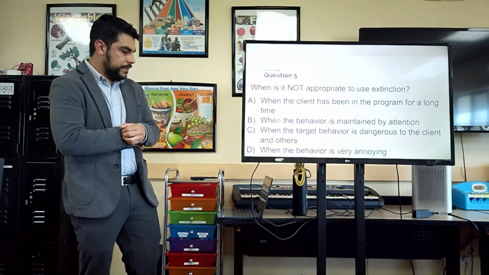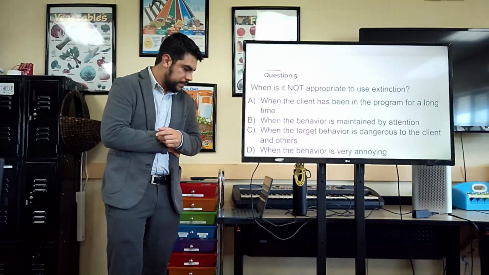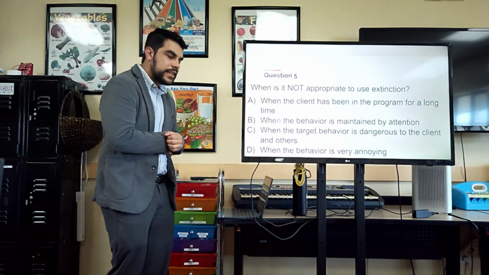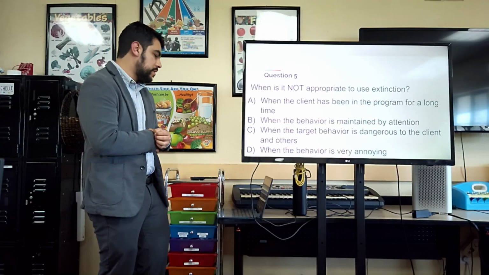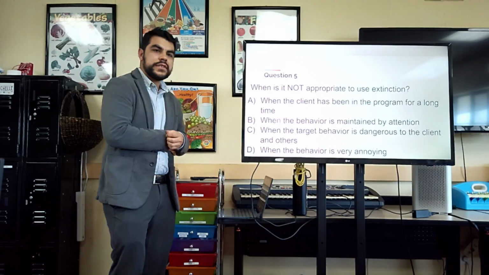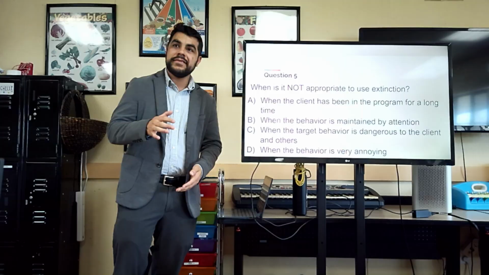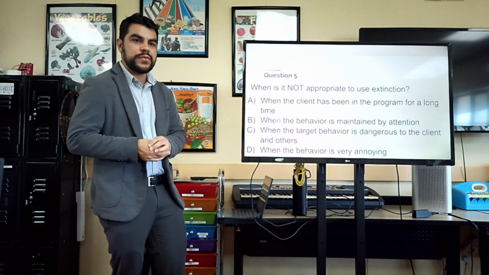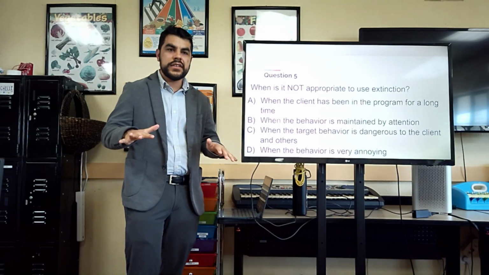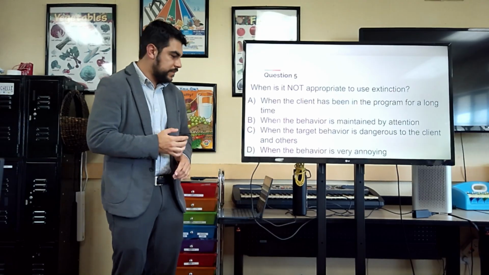Okay, when is it not appropriate to use extinction? When the client has been in the program for too long, behavior is maintained by attention, the target behavior is dangerous, or the behavior is annoying. So this is when extinction as a treatment option is off the table.